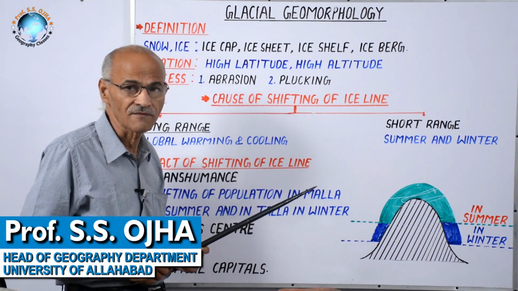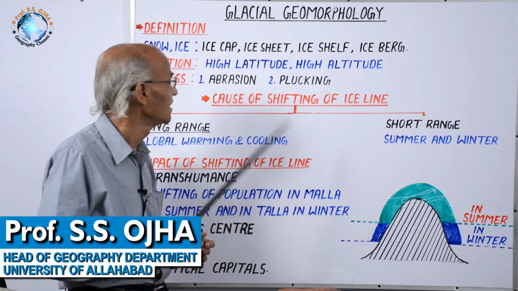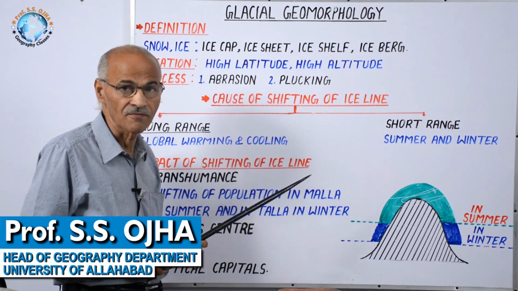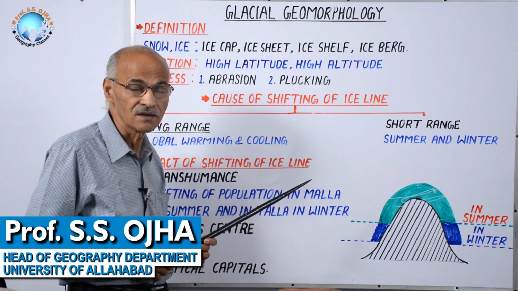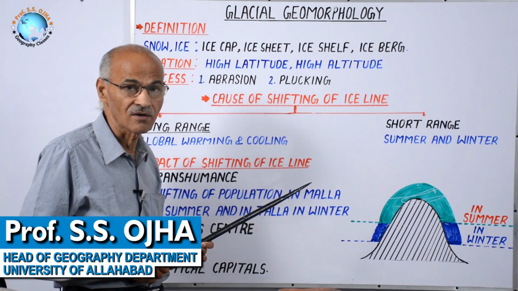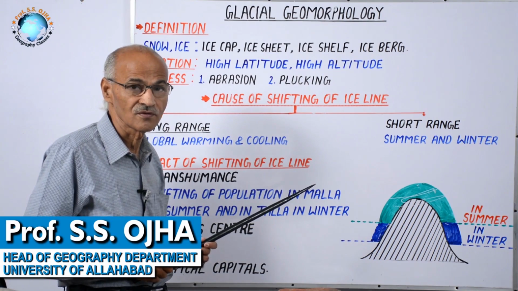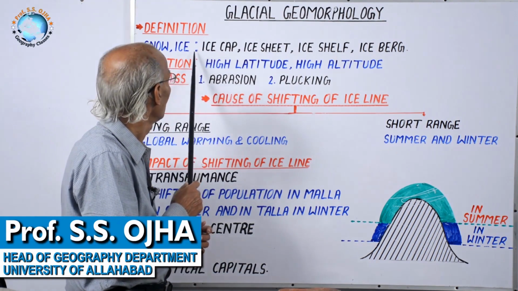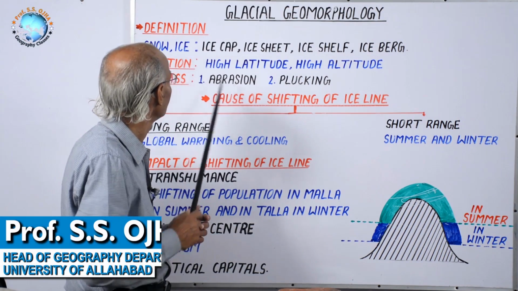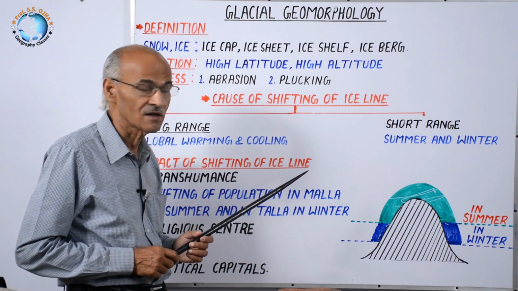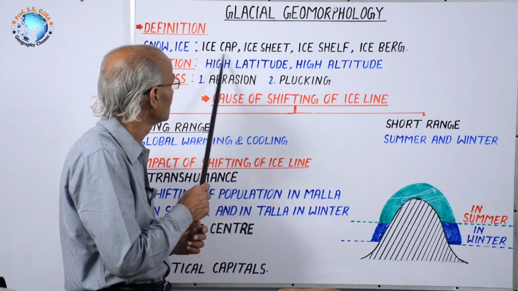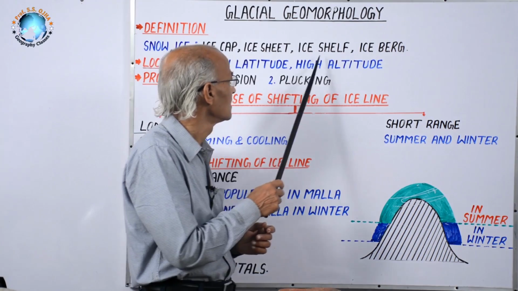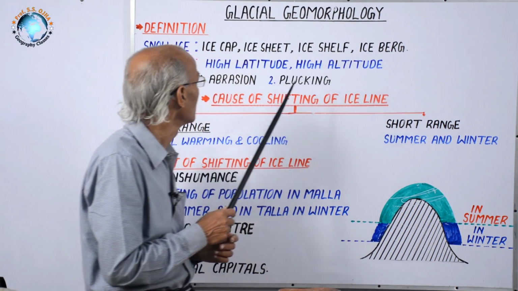Snow is a soft form of ice, while ice is hard form. It means snowfall is at around 3-4 degrees Celsius, while at 0 degrees Celsius water freezes and takes shape of hard ice. Ice has a number of forms like ice cap, ice sheet, ice shelf, and iceberg.